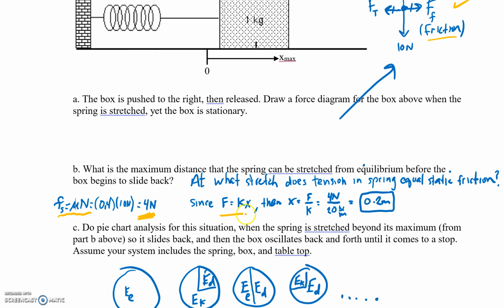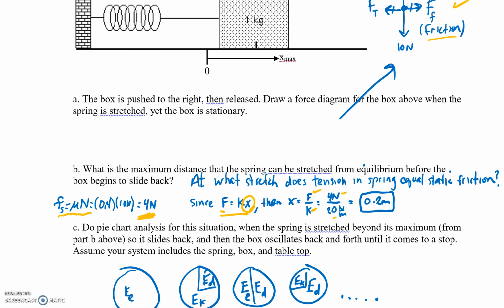And so we use Hooke's law to figure out the stretch when we know the force is equal to 4 newtons. And it would be the force of 4 newtons divided by the spring constant. 4 newtons divided by 20 is 1/5 or 0.2 meters is the distance to stretch the spring, so that the spring would be pulling with 4 newtons of force and would overcome the friction and start to move.